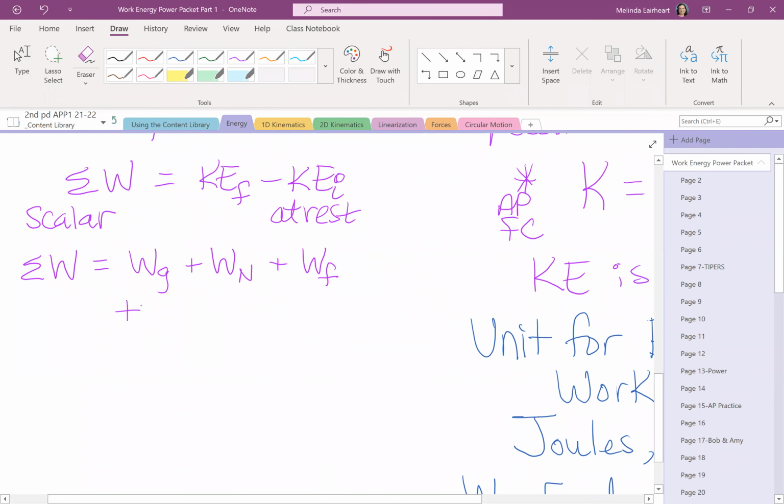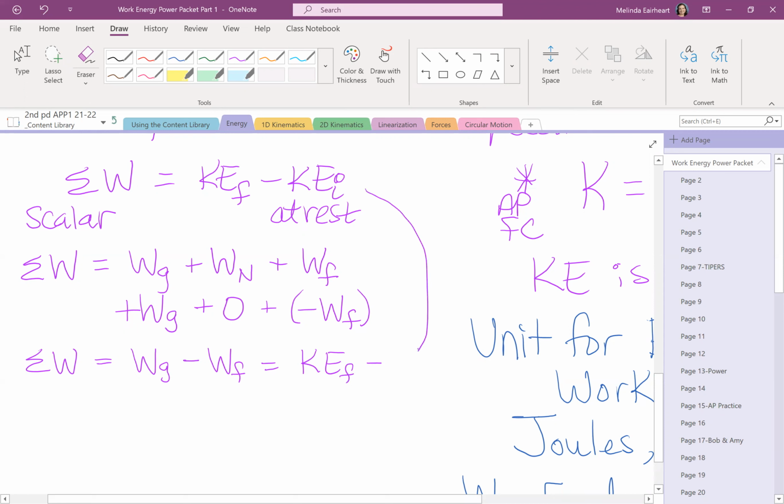So I had a positive work done by gravity plus 0, plus a negative work done by friction. At the end of the day, the net work would be the work done by gravity minus the work done by friction. And that's going to equal the final kinetic energy minus, well, we said it started from rest, so that would be minus 0.